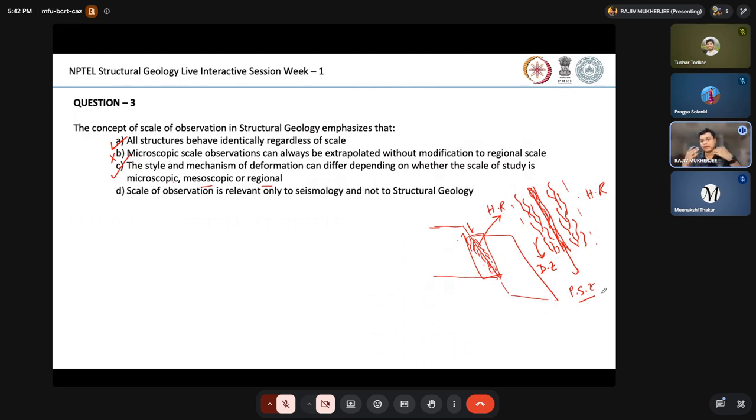So immediately when you go to the field, you will find out that whatever you have been interpreting on the map as just a line is not as simple as a line. There are certain layers or different classes of rocks involved.